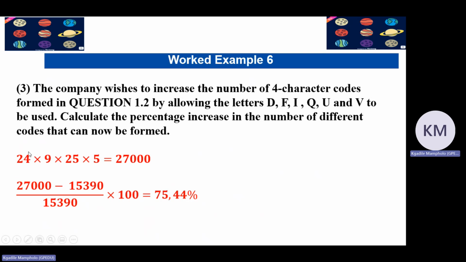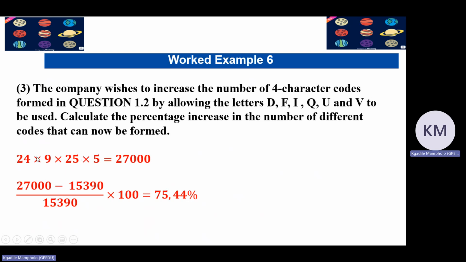You can use 24 letters because now W, Z cannot be used, but now D, F, I, Q, U, V can be used. Then it means when you choose the first one, you can choose out of 24. We're still following the same method. If the odd number is at the end, it cannot be here. But here, W and Z can be used out of 26 letters.